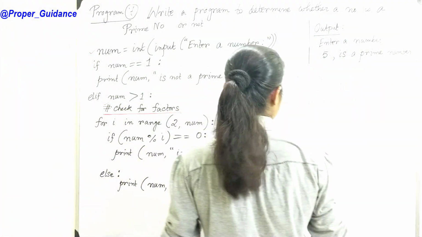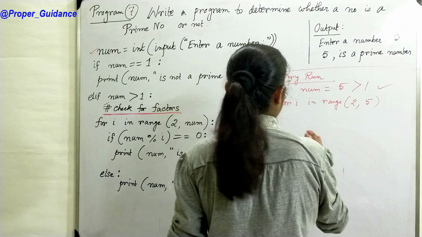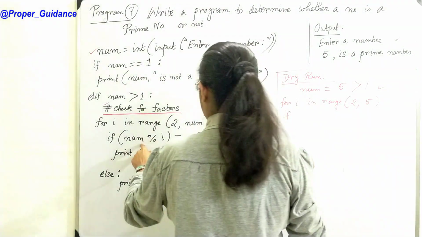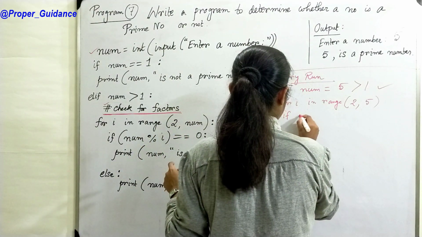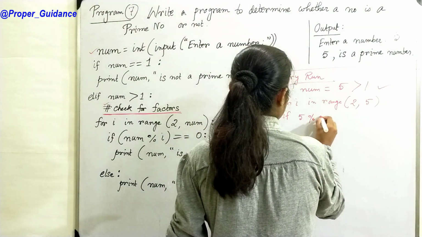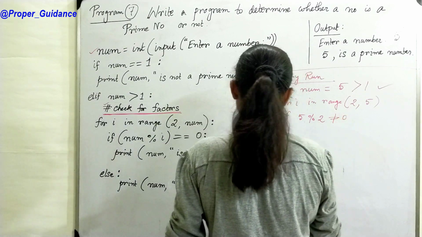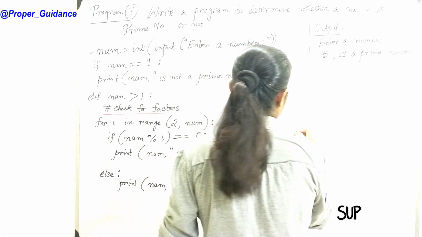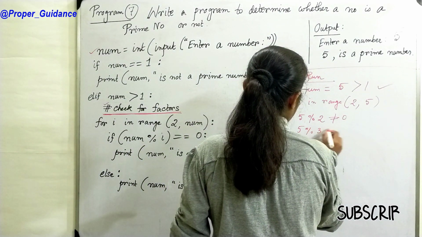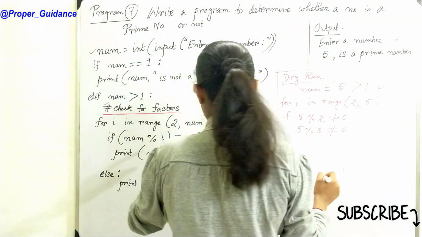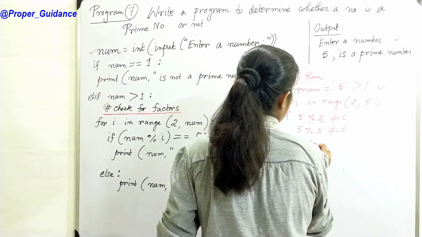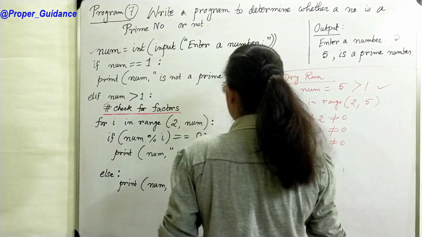Now, if num modulus i, if statement will run here, execute here, num equals to 5, 5 modulus 2 not equals to 0. Again, after 2, 3, 5 modulus 3 not equals to 0. 5 modulus 4, that is not equals to 0.